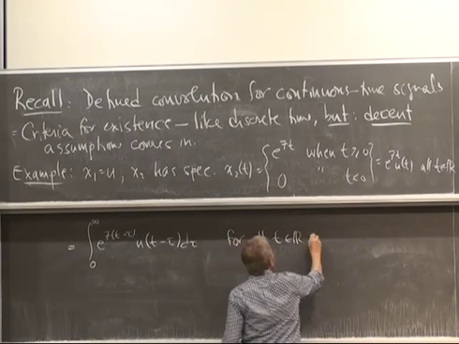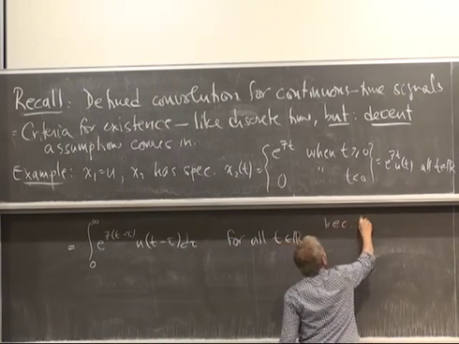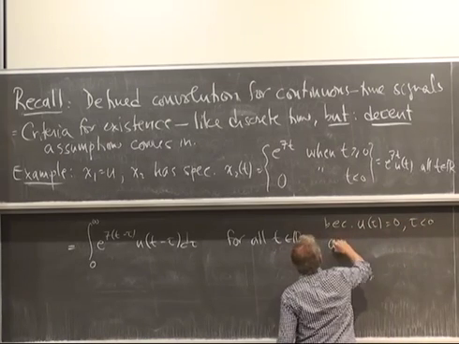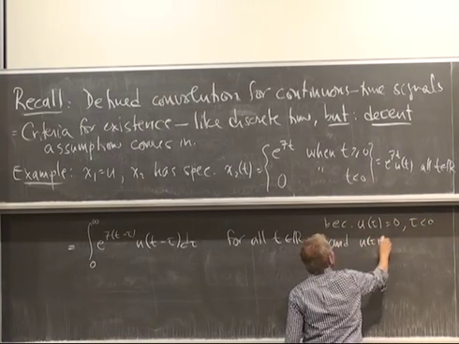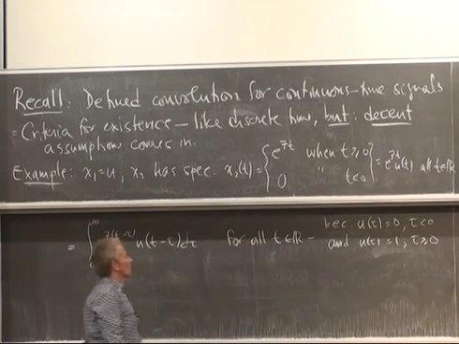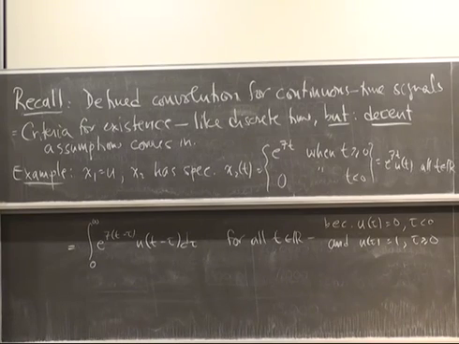And that's because u of tau is equal to 0 when tau is less than 0, and u of tau is equal to 1 when tau is bigger than 0. So that's the first step.